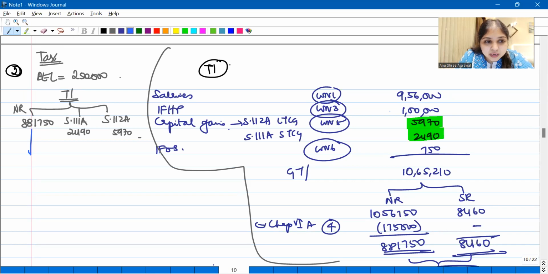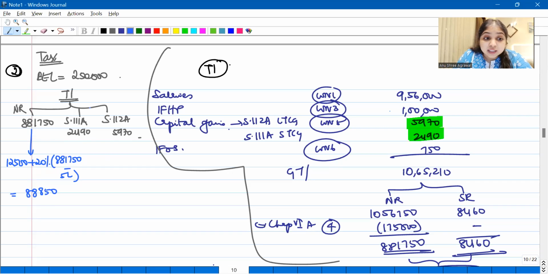Come on, everybody, help me. How will you calculate? Up to 5 lakh, you anyways have to pay how much tax? 12,500 plus 20% of whatever income I have earned in excess of 5 lakhs. Am I right? Yes. So 8,81,750 minus 5 lakhs into 20% plus 12,500.